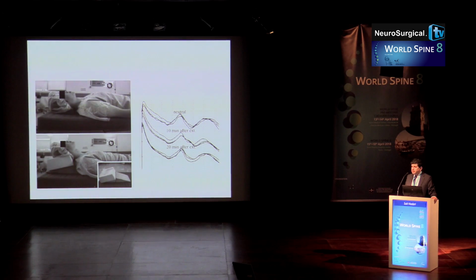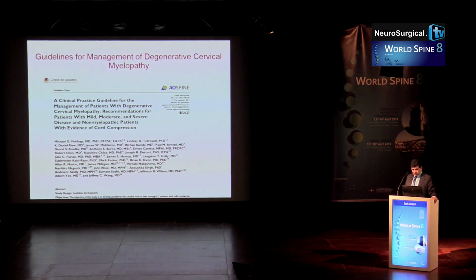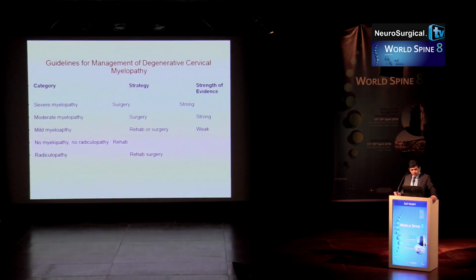Now I go to surgery. This is a paper by a big group of AO Spine. This is a very good paper. I think it shows very good evidence. And as you can see here, they recommend surgery for severe myelopathy and for moderate myelopathy.